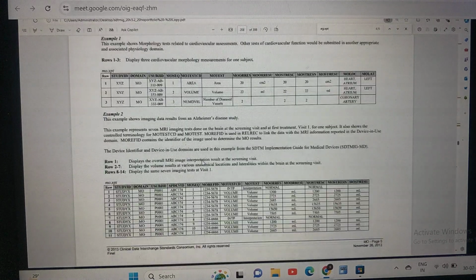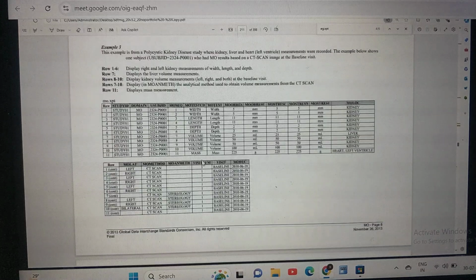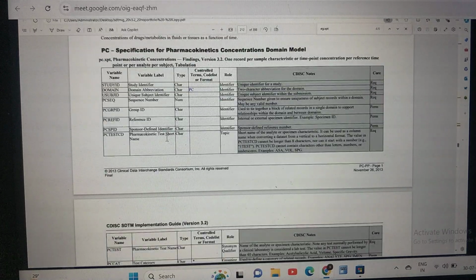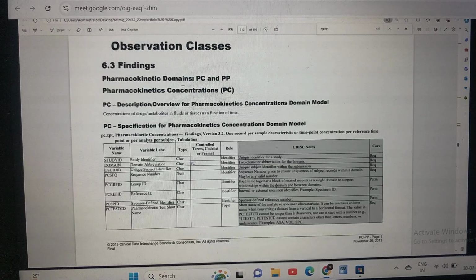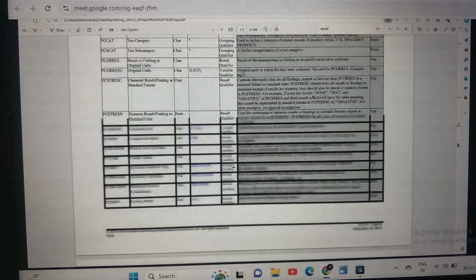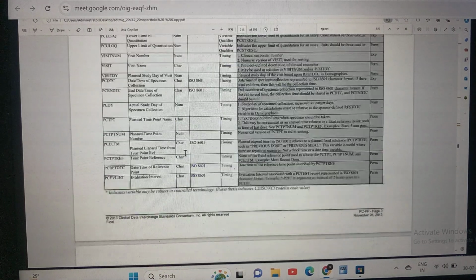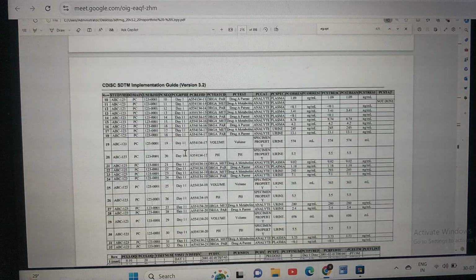Same naming convention for the variables. PC, plasma concentration, pharmacokinetics. The pharmacokinetics domain again has the same variable naming convention.